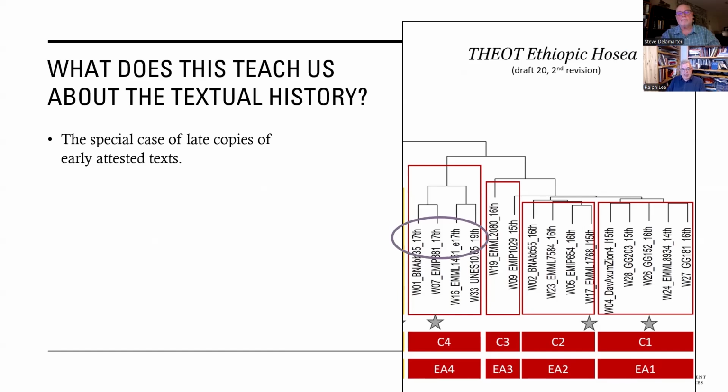In addition, there's a particular group of manuscripts that need a description. They'll actually be described in more detail in the subsequent video, because whilst these manuscripts in cluster EA4 have a text type that's close to the earliest attested form, their dates tell us that they are copied in the later period, in the 17th century or later.